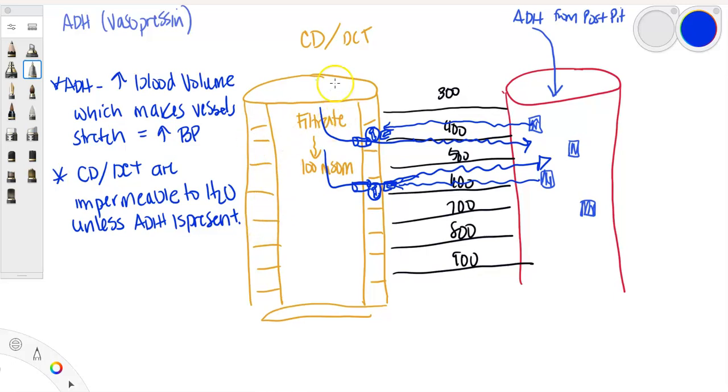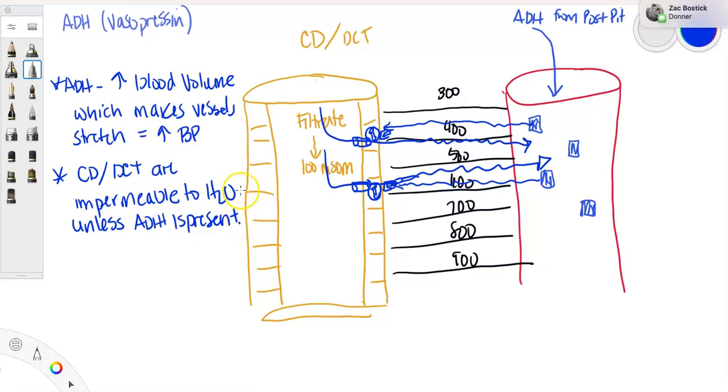Okay? And in the collecting duct, it's sitting in this medullary concentration gradient, which is also aiding the water in leaving that tubule because it follows the solute to go into the blood.